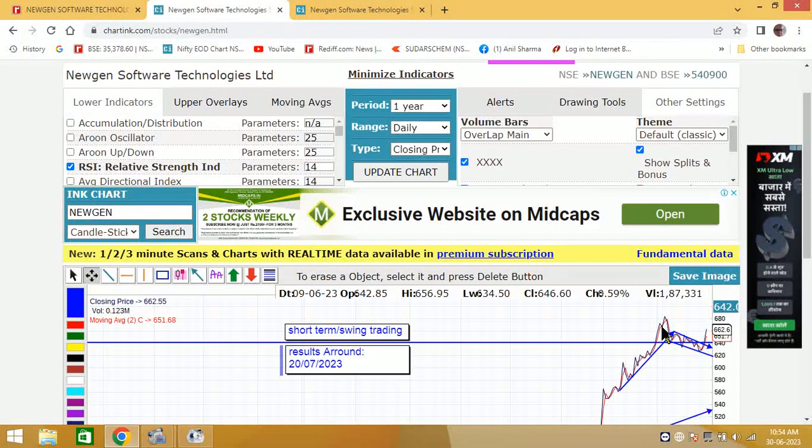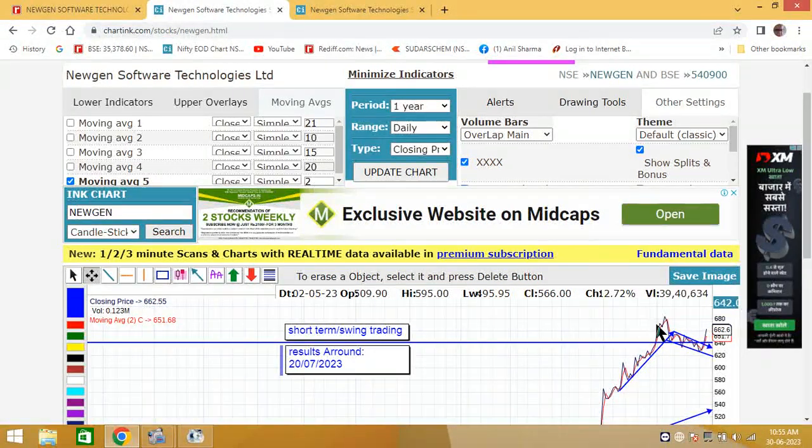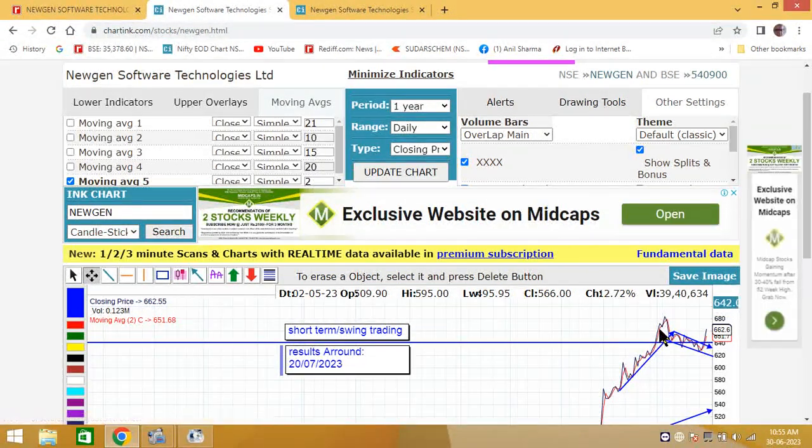Both ways you will catch the lowest and the highest price, but the frequency of trades will be more. Understood? First strategy is, in short term, if you want to catch the lowest and highest, then you deal with price and a moving average of 2, fine, as I have done here. Blue is the price line and red is the moving average.